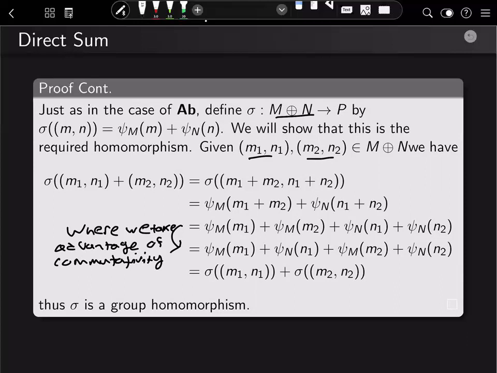So we're going to bring our n sub 1 over here, and we're going to bring our m over here. We swap these two middle guys, and we have our desired homomorphic property. So this is indeed a group homomorphism, and we see that in the general category of groups, this would not work. So this only works in the category of abelian groups.